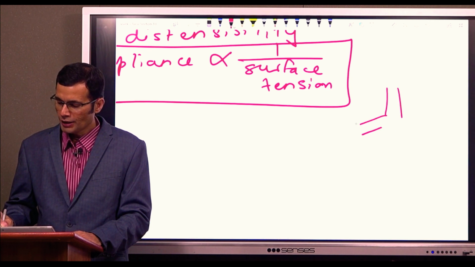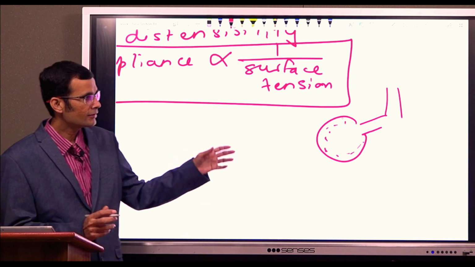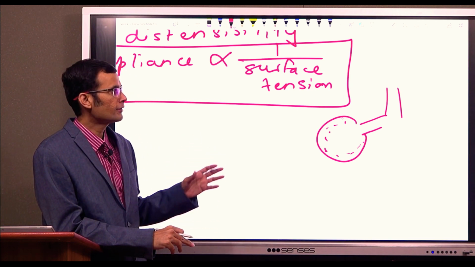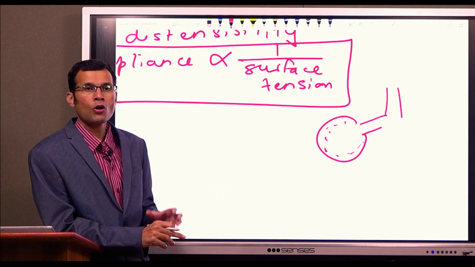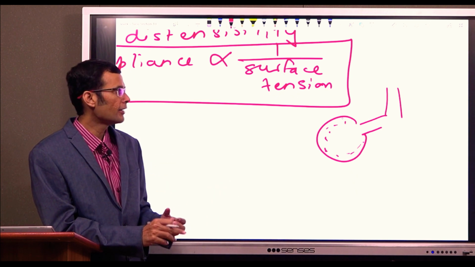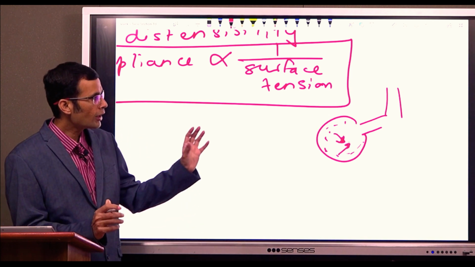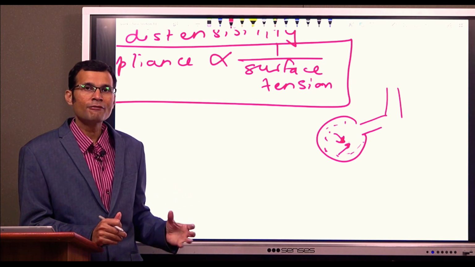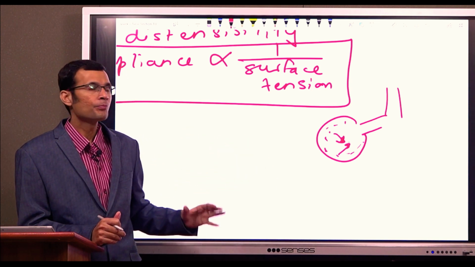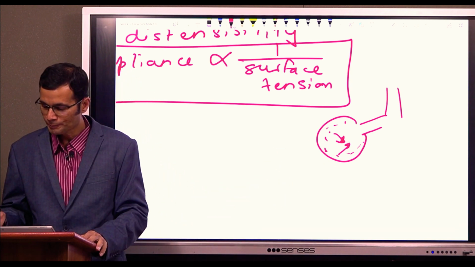You know, in the alveoli, there is a fluid that lines each alveolus, and therefore there is surface tension. So, surface tension causes shrinking tendency of the alveoli. Alveoli have a shrinking tendency. The lungs have collapsing tendency due to the presence of surface tension within the alveolus.